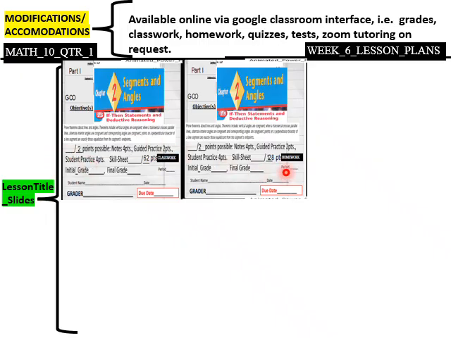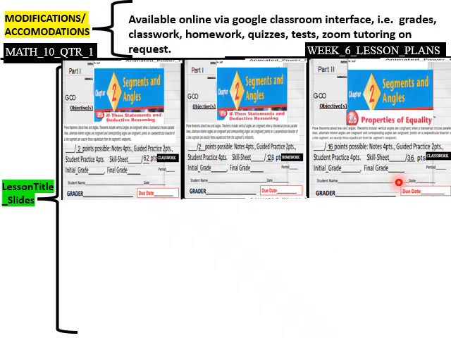And then the homework for 2.5 is 128 points of homework, and then we go into 2.6 properties of equality. We got classwork here, part 2. So that's 36 points here of classwork, 16 points in note-taking.